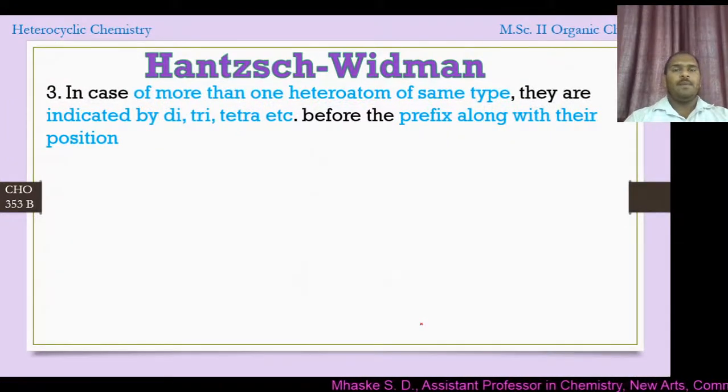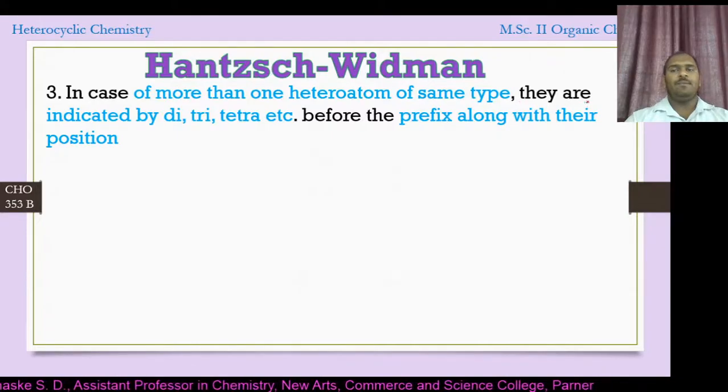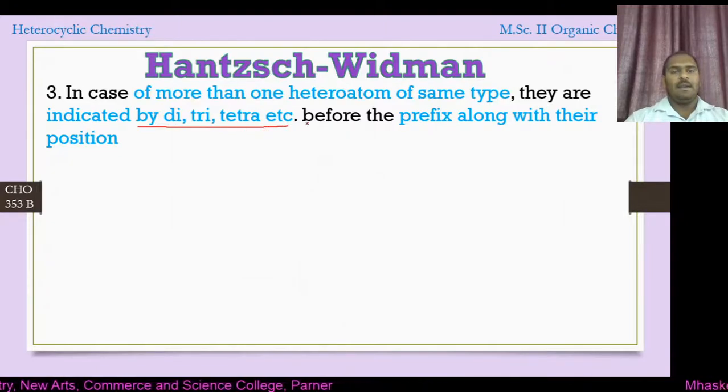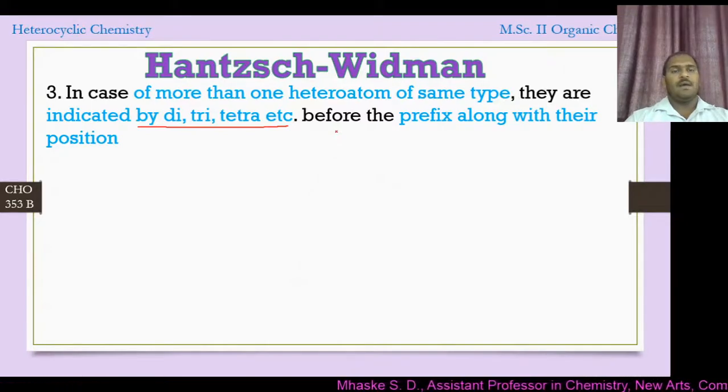In the case of more than one heteroatom of the same type, they are indicated by the prefix di, tri, tetra, etc., along with their positions. They are mentioned before the prefix aza, oxa, thia as di, tri, tetra, and the positions of these are also mentioned.